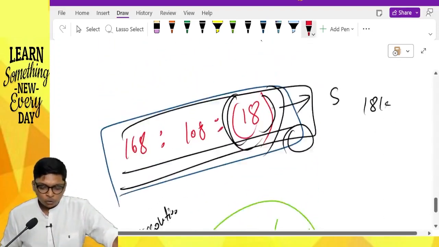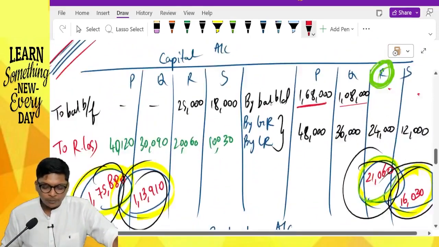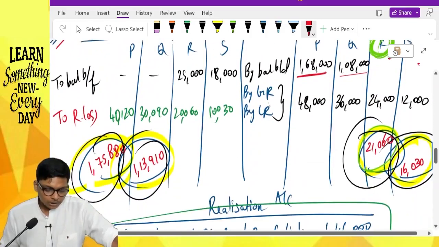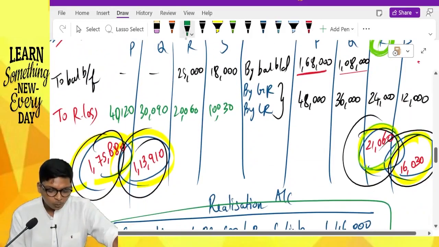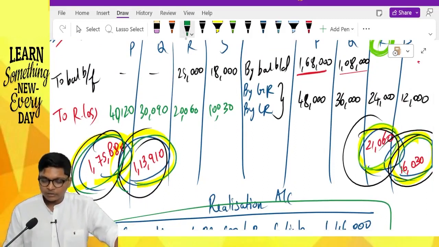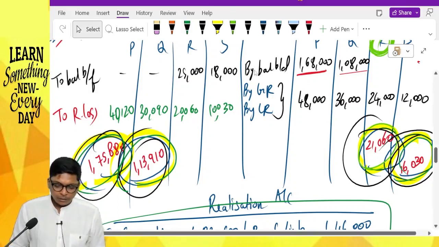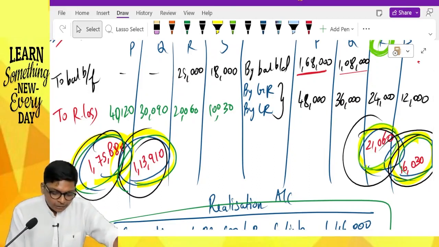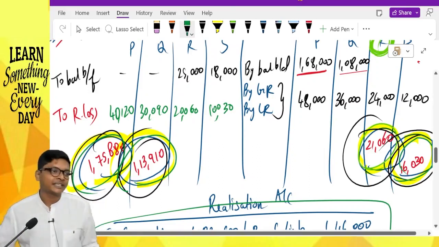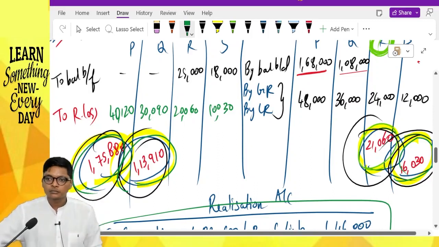So some of you told me we will take opening capital, sir. Opening capital had one problem. Can I take the closing capital of 175,880, 113,910, 16,030? Can I take that ratio? Then also S will be in negative, but assuming S is positive, can I take that closing ratio or opening? Assuming it's positive, guys.